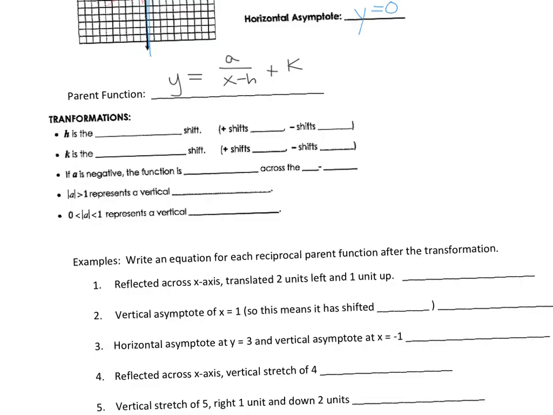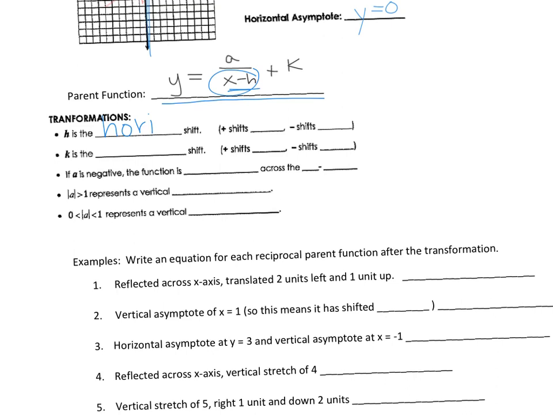Down here, we're going to look at what the different transformations do to this parent function. We talked about that with different functions: the parabola, a line, an absolute value function, a square root function. H is going to be the horizontal shift. If this number is x plus 5, you're actually going to go left.